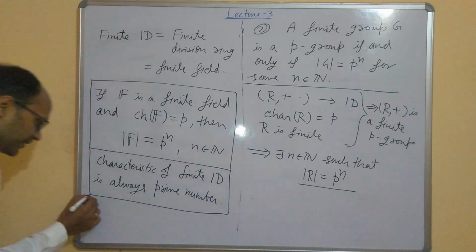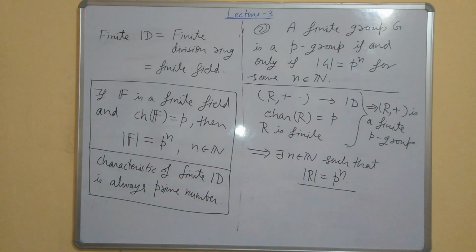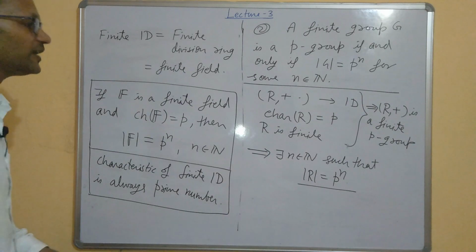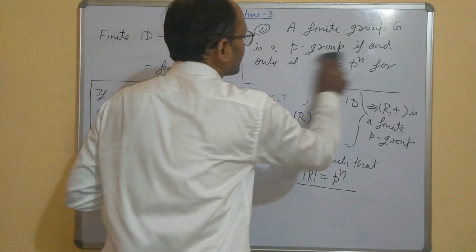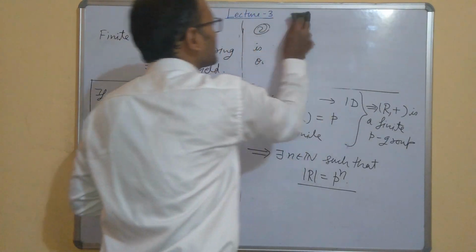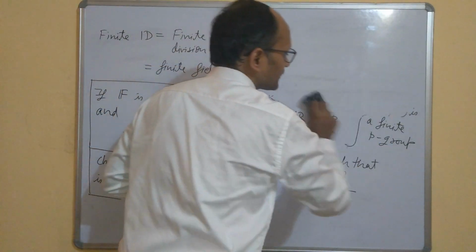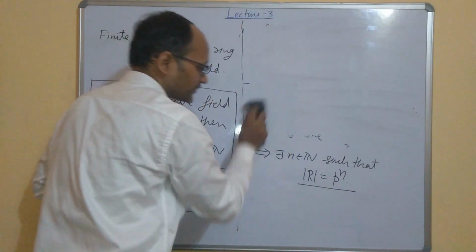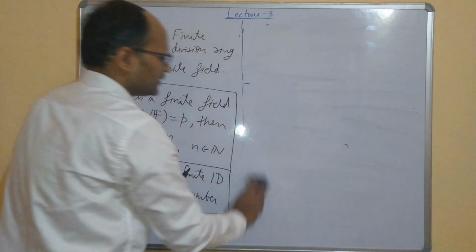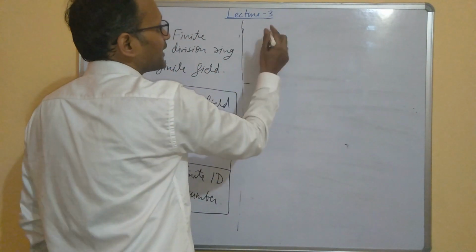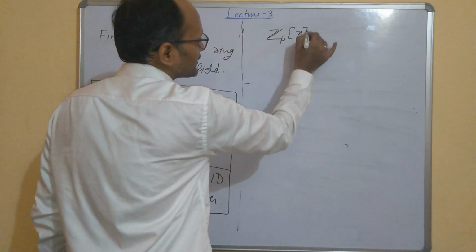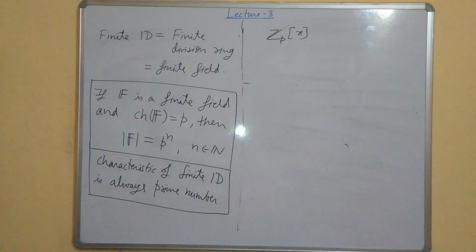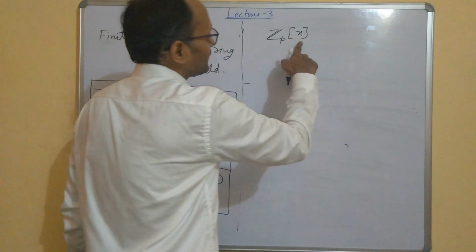But it may happen that you have an infinite integral domain and its characteristic is prime. For example, suppose I take a polynomial ring over Zp, Zp[x].